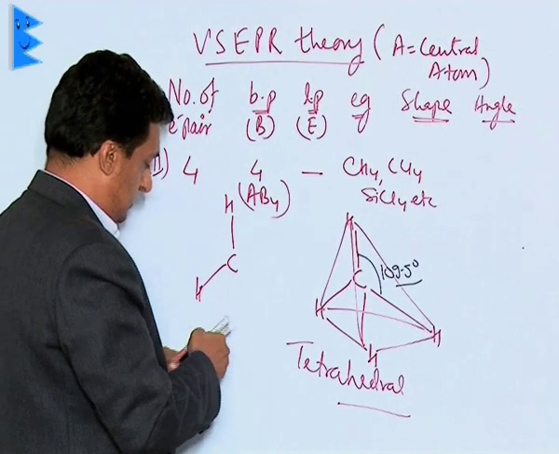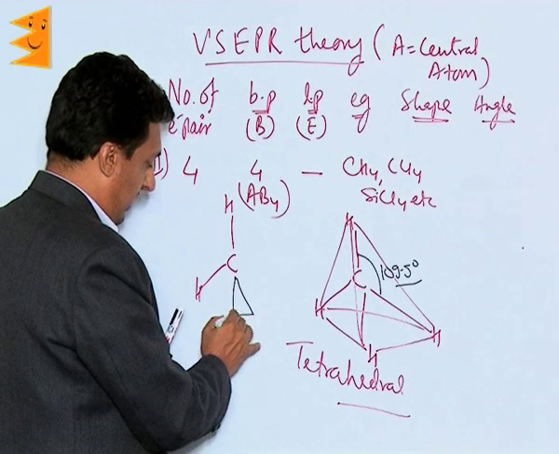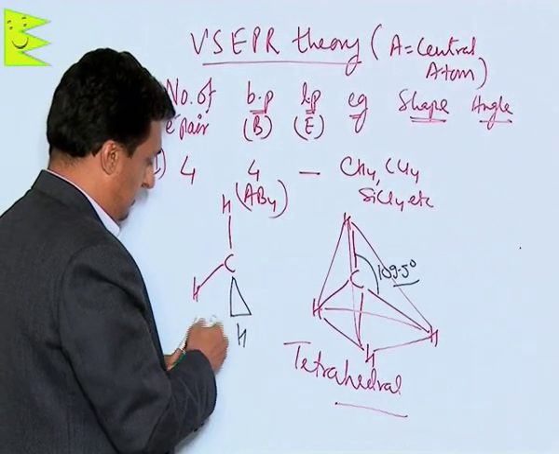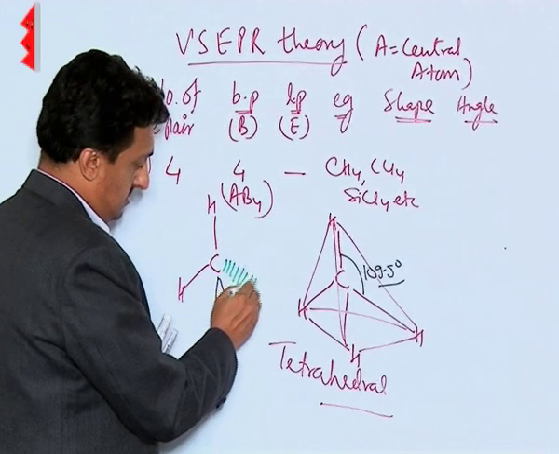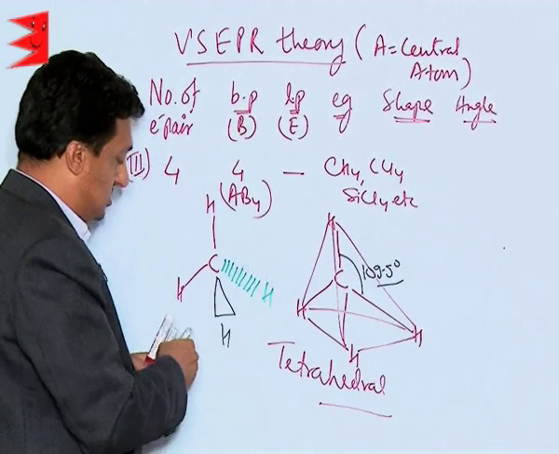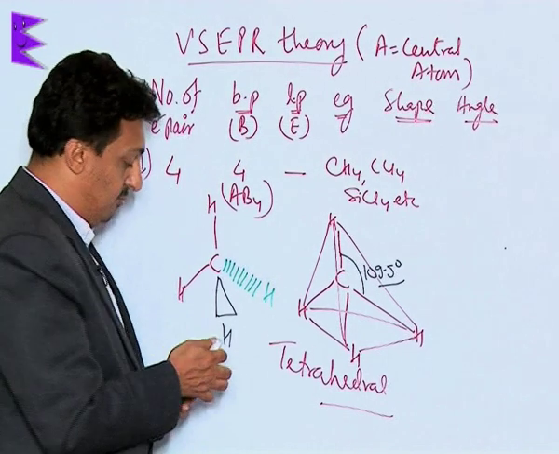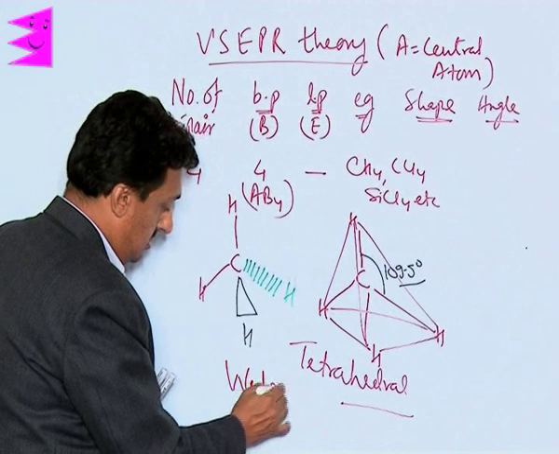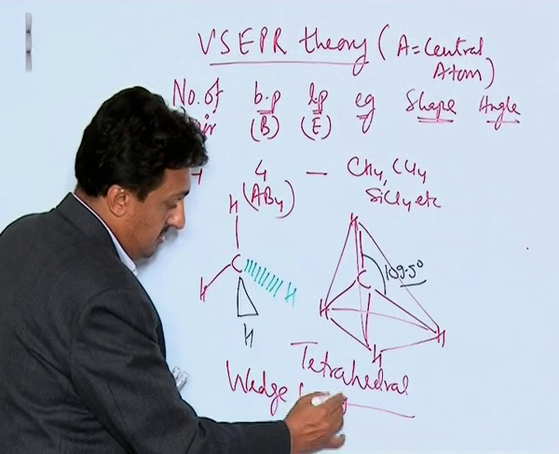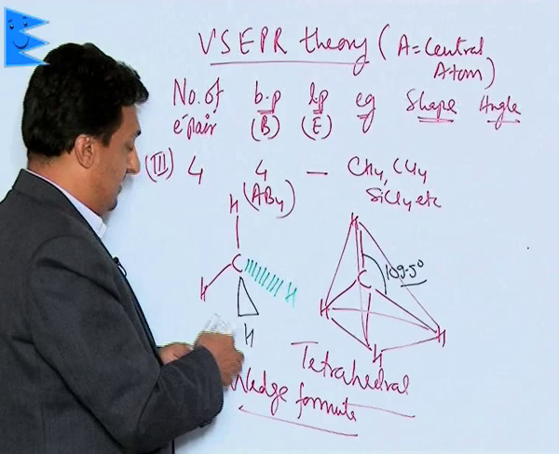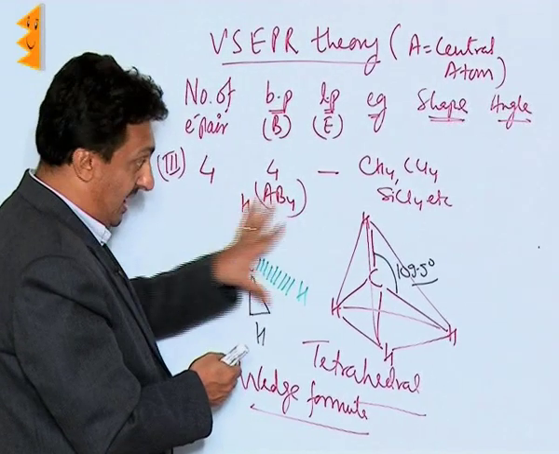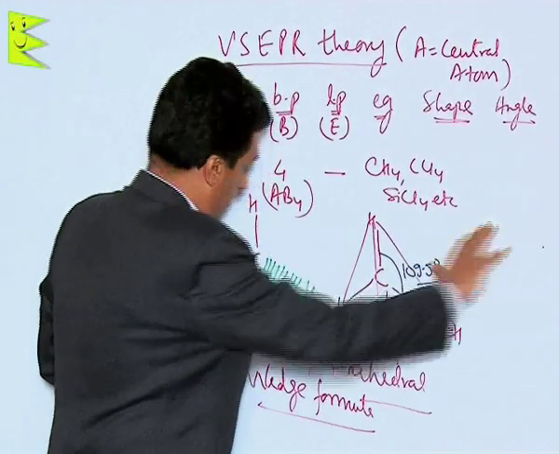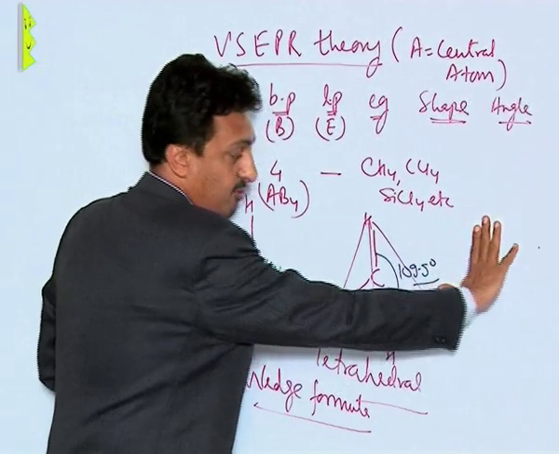And then what we do is we draw a bond like this, and we draw a bond like this. Always remember, this is called wedge shape formula. Now in this, always remember, these 2 bonds which are drawn with normal lines are on the plane of this board.